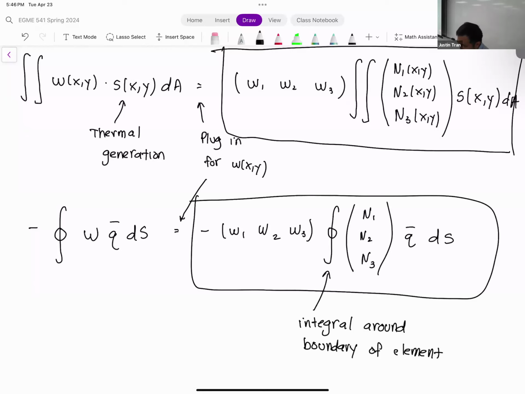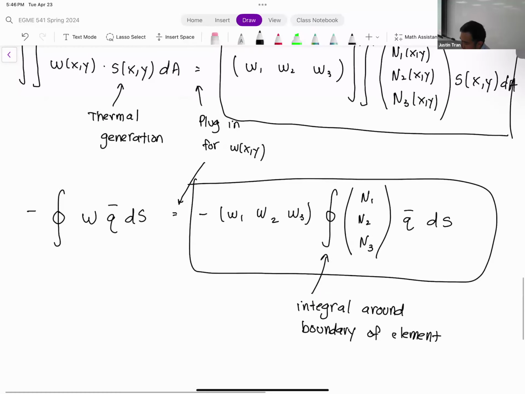I'll leave a little footnote here as well: we're not going to really evaluate this term until the project. You'll see what I mean once we get to that part. This term is only going to be active whenever we're on a Neumann boundary, so we're only going to evaluate this if a Neumann boundary condition is present.